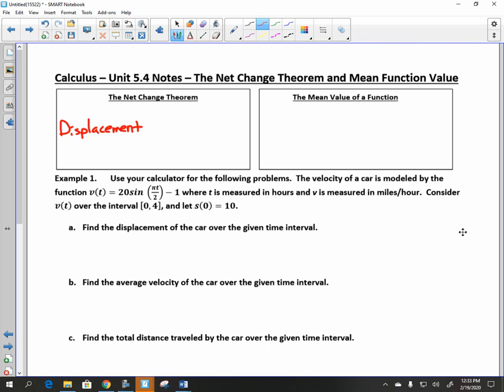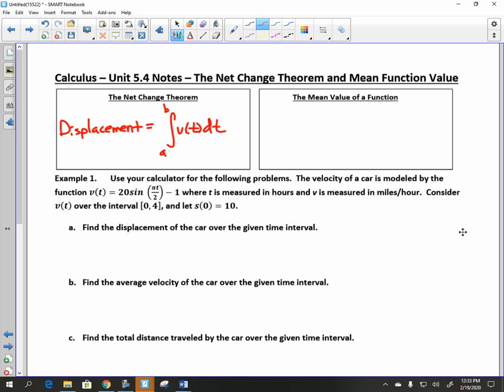So displacement. Do you remember from yesterday what we do to find displacement? Yeah, the integral from a to b of your velocity function. So if we determine the integral of the velocity function, that will tell us the total displacement.